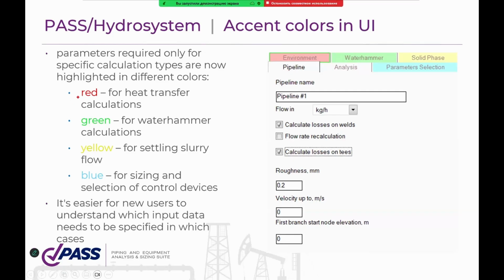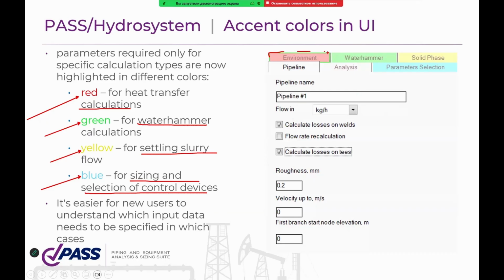The red color is for heat and hydraulic analysis, the green color for water hammer analysis, the yellow color for settling slurry flow analysis, and the blue color for calculations using parameter selection, sizing of control devices, etc. So if you see in the HYDROSYSTEM interface that some tab or some part of some tab is green, this means that this tab contains only those parameters that are required only for water hammer calculation.